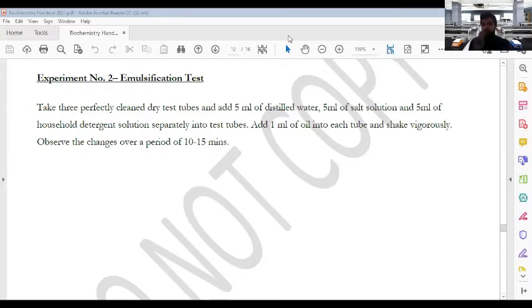It means the oily parts in our food can break into small droplets, and so a lipase enzyme can effectively act on these droplets.